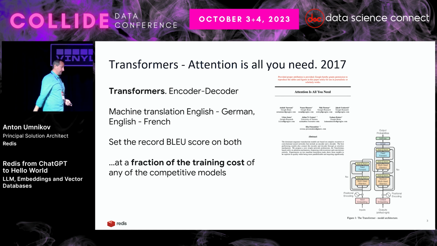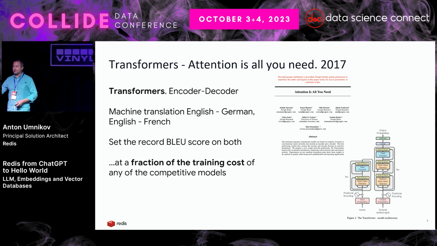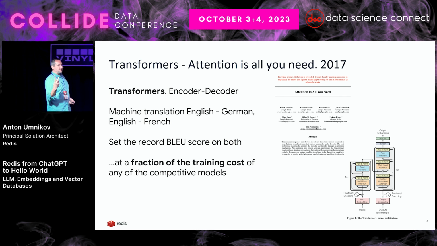For those who didn't, the paper introduced the architecture of transformers, actually two of them, the encoder transformer and the decoder transformer. The authors used both of these transformers together to solve the task of machine translation from one language to another. They started with English to German translation, then did the same exercise for English to French.